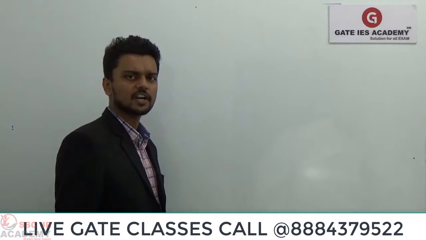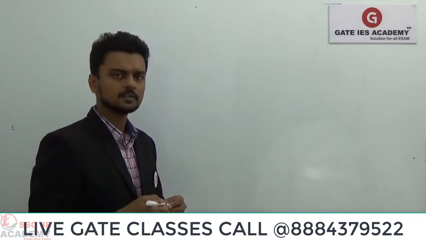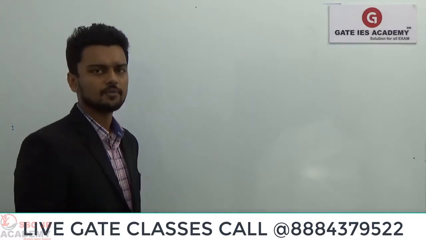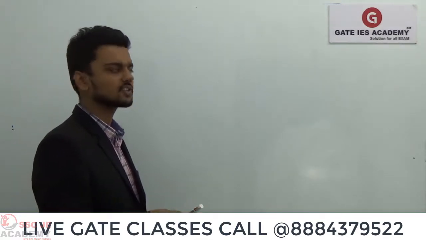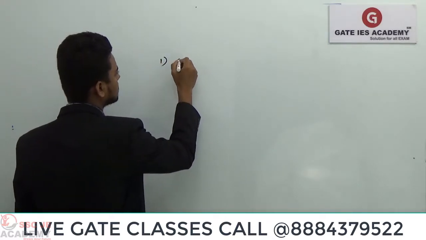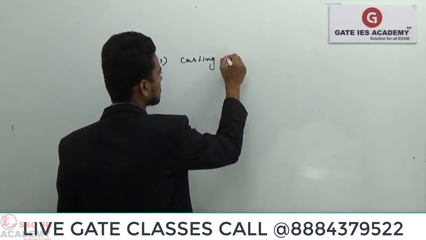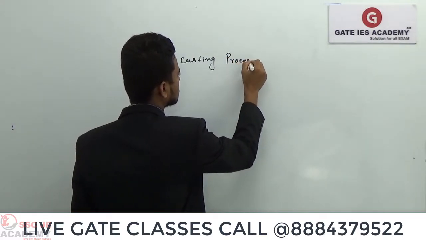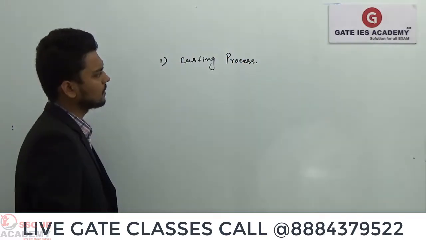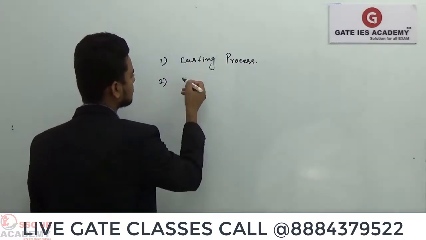Now, before starting this subject, we'll write down the different topics that we have in manufacturing and the things that we are going to discuss in this subject. So, we'll start our discussion with the casting process. First we'll discuss the casting process, then we'll discuss welding.